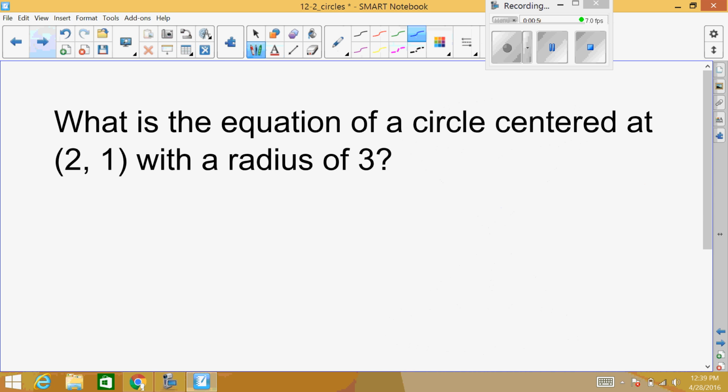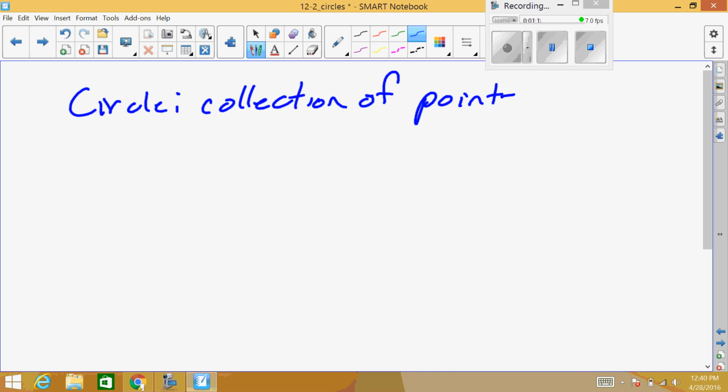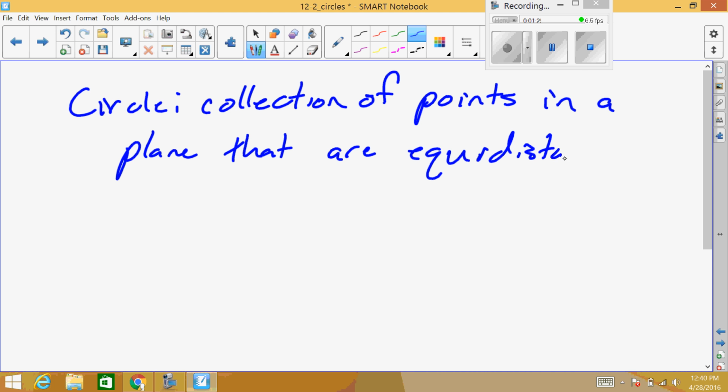So the first thing I want to talk about is, what is a circle? I want to think back to what you talked about in geometry, and you probably had a definition along the lines of: a circle is a collection of points in a plane that are equidistant, meaning the same distance, from a given center point.